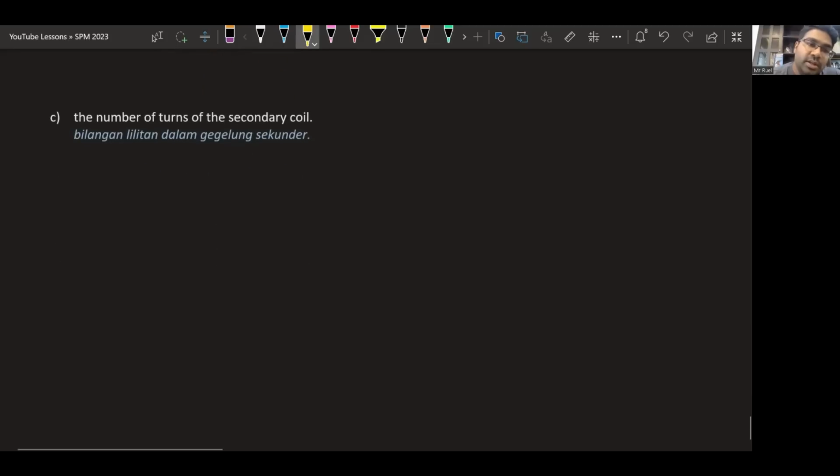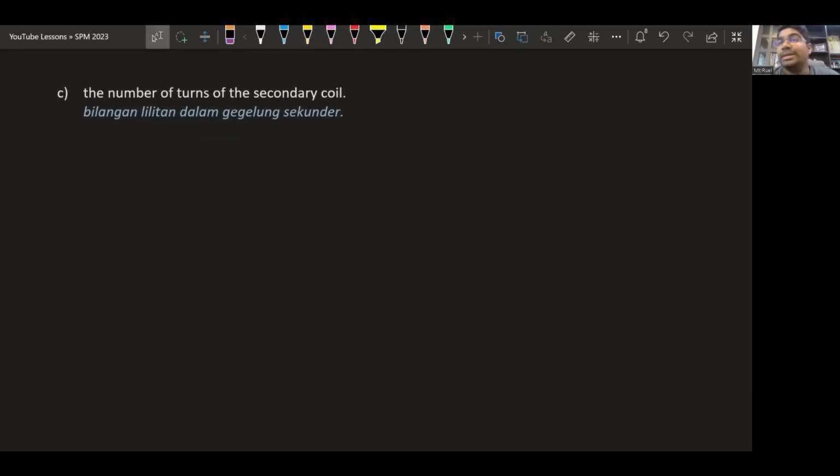Okay, and then the number of turns of the secondary coil. When it involves the number of turns of coil, we use the formula: number of turns of primary to number of turns of secondary is voltage across primary over voltage across secondary. It's directly proportional, so you follow PPSS. Now we want the secondary coil, so we can just put secondary up instead of primary. Just get the reciprocal, flip the whole equation. So Ns over Np is Vs over Vp.